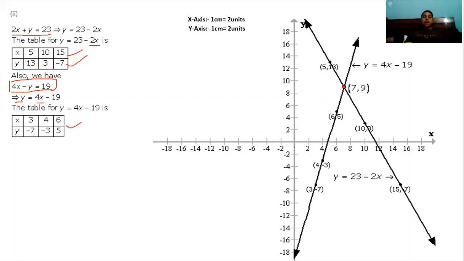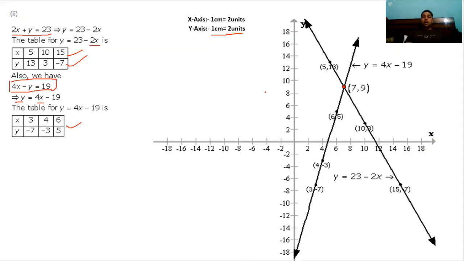Take the scale factor as 1 centimeter is equal to 2 units on the smaller box. Now, how have we decided that we have to change the scale factor? Because I have values more than 9 or 10. If I take 1 centimeter is equal to 1 unit, I can represent only up to 9 on the graph paper.